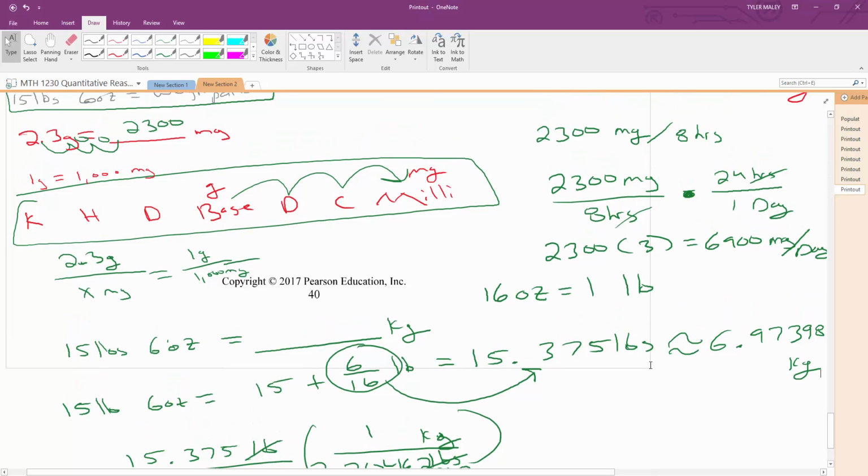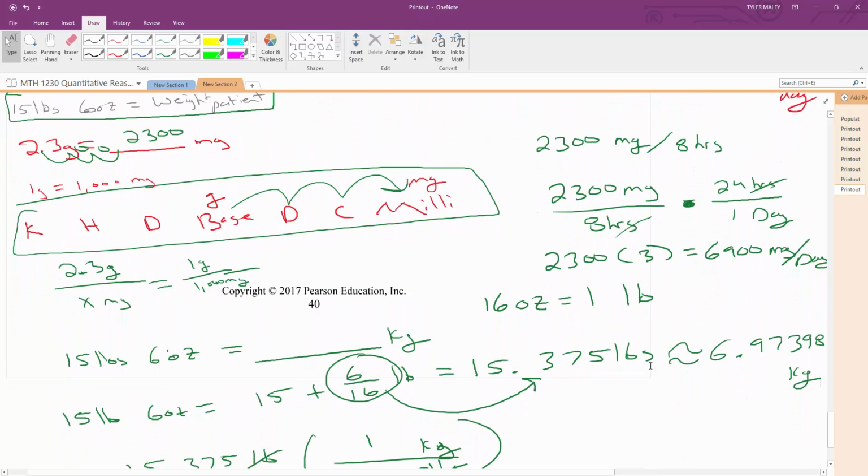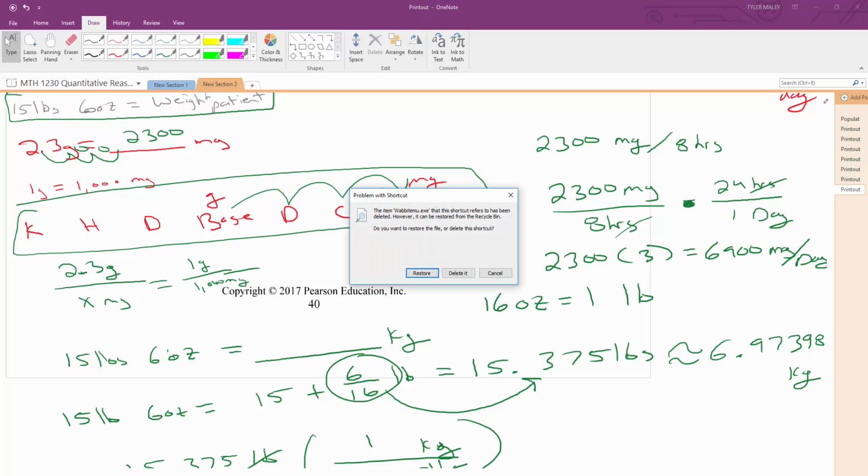You want to be as accurate as possible here. In fact, you can just store this value in your calculator. Let me show you how.